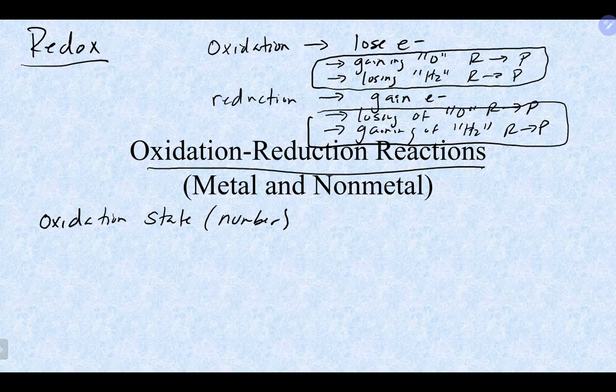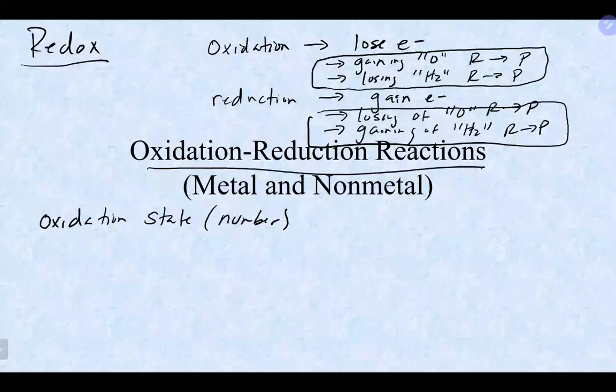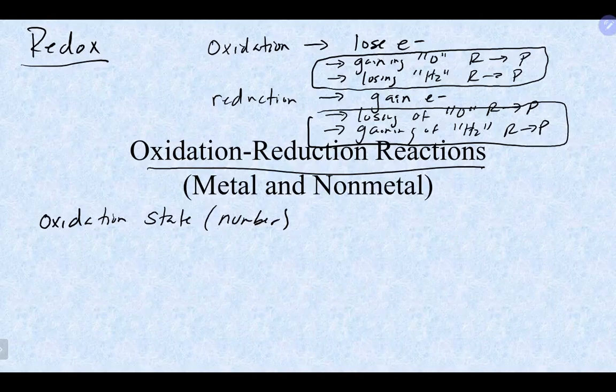But when you hook up chlorine with 2, 3, or 4 oxygens, the chlorine will take on a more positive charge because of the difference in electronegativity and how they're sharing electrons. So oxidation states or numbers are not exactly the same thing as charges with ionic compounds, but they do help us a lot to understand whether something is being oxidized or reduced. And there's a simple way to figure that out.